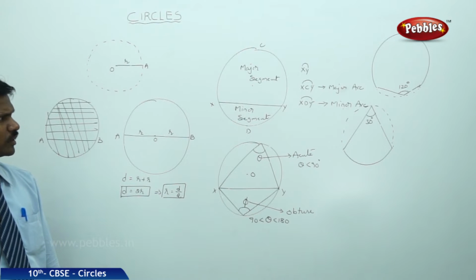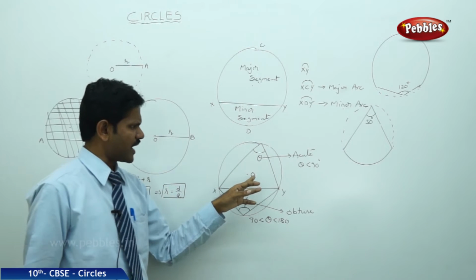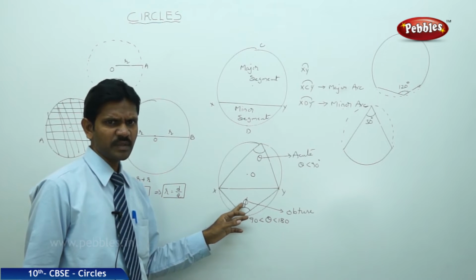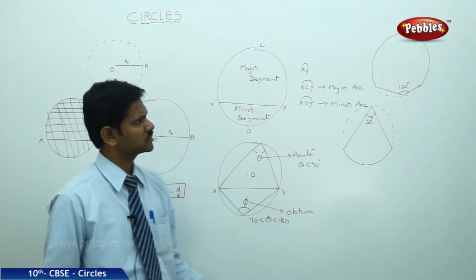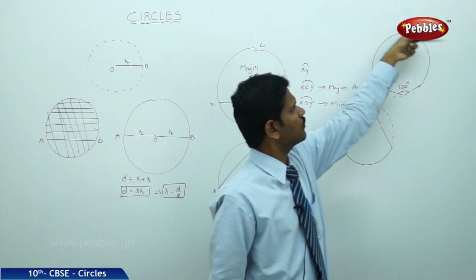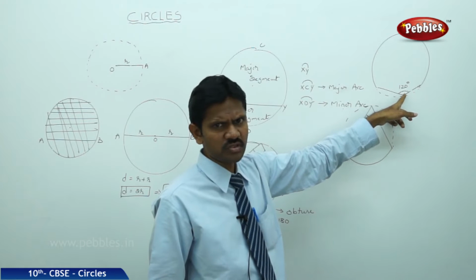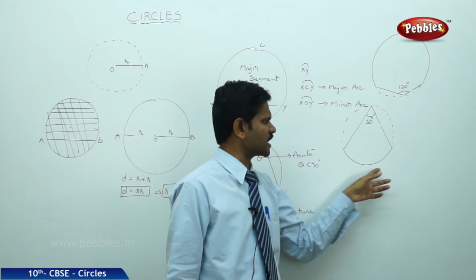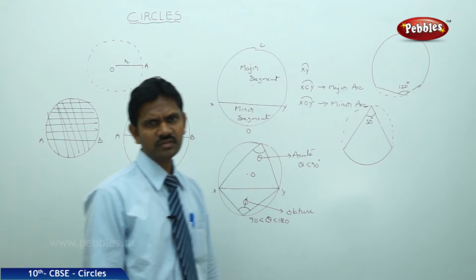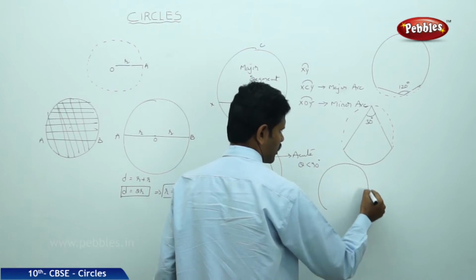That is what we learned here: major segment, minor segment. Angle in the major segment is acute, angle in the minor segment is obtuse. Next, angle subtended by major arc in the alternate segment is obtuse, and angle subtended by minor arc in the alternate segment is acute.